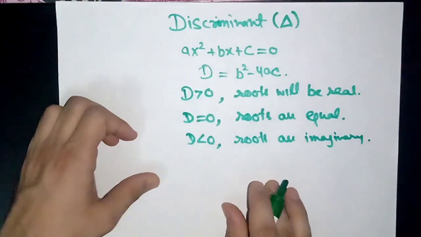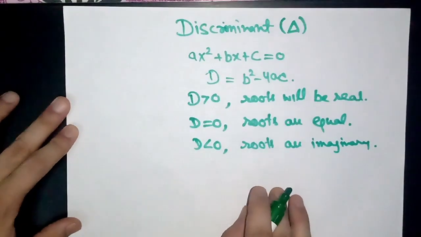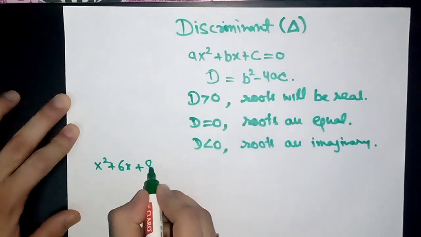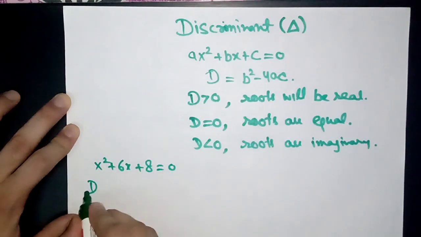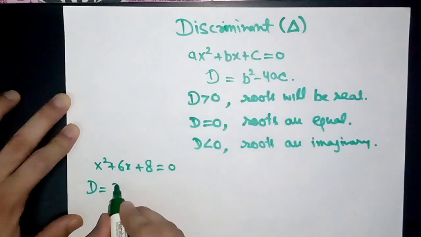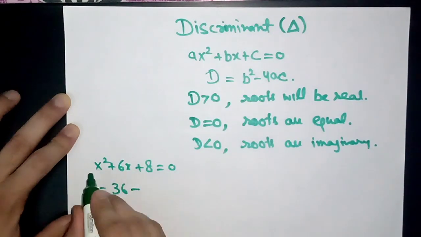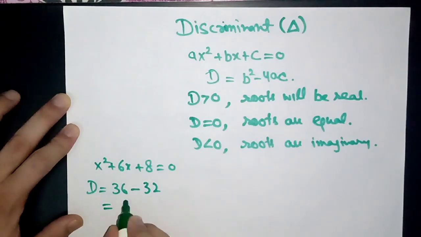For example, if we have an equation x² + 6x + 8 = 0, the discriminant is b² - 4ac, which is 6² - 4 into 8 into 1. So this is 36 - 32, which is 4, and it is greater than 0. So the roots are real roots.